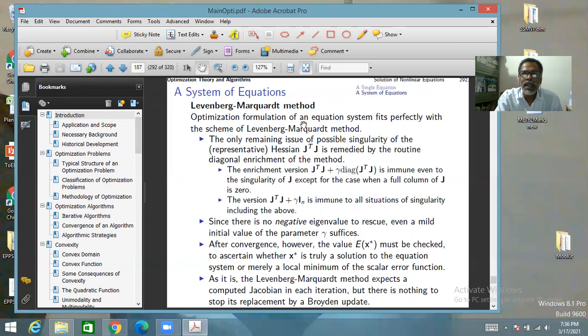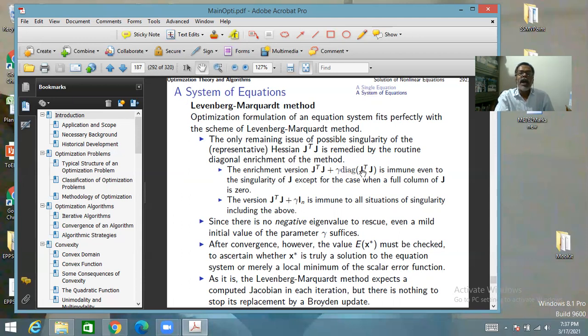And this handles all the ill conditioning related issues properly, because the only issue of possible singularity of the representative Hessian is remedied now by the routine enrichment of this. Okay? And this enriched version is immune to all situations, even if J transpose J is singular, this is unlikely to be.